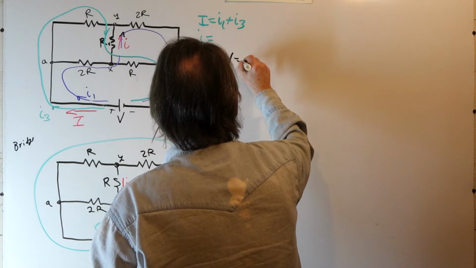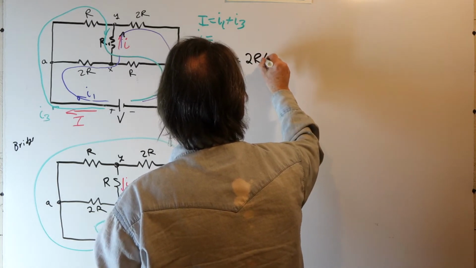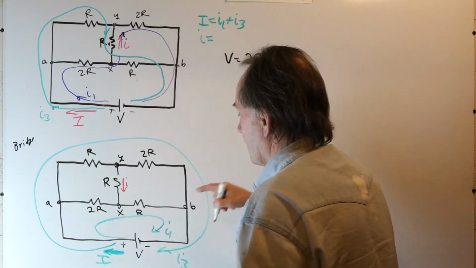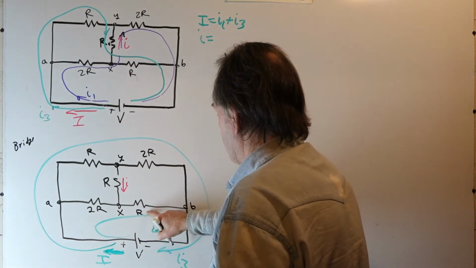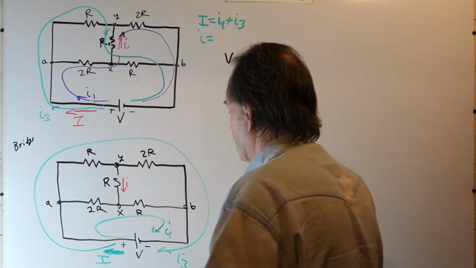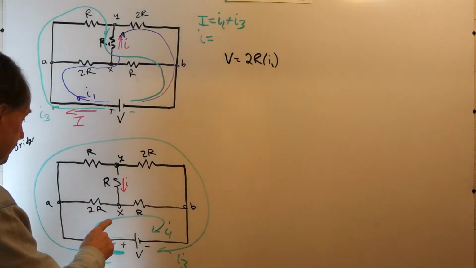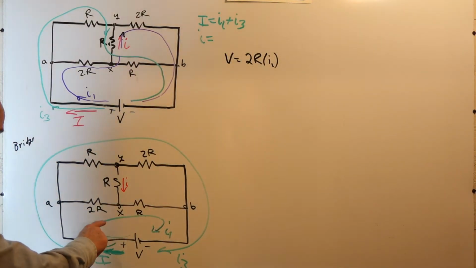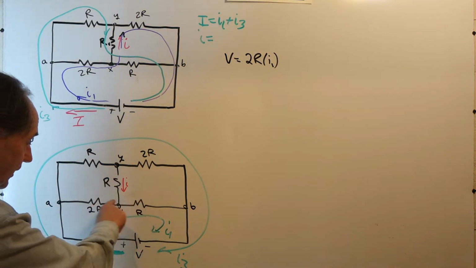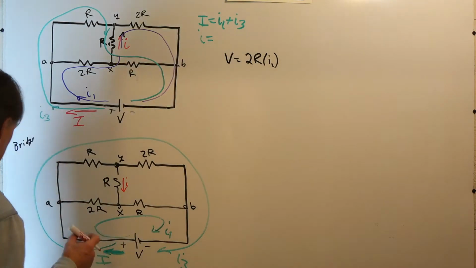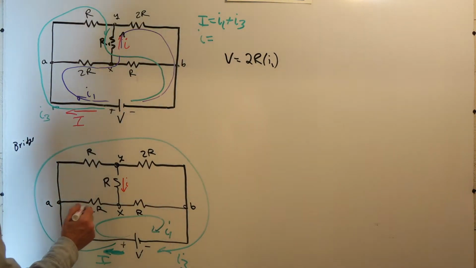So V is equal to 2R I1, and then I1 is flowing through resistor R here, but we also have another current flowing. I is joining I1, so we'll put in currents here.